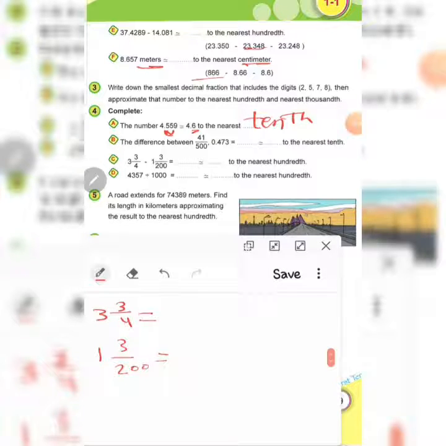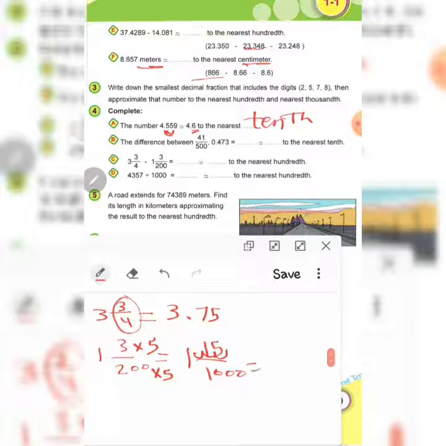Number C, 3 over 4 minus 1 3 over 200. I must change this fraction to decimal, so I remember that 3 over 4 is 75 over 100. And this must multiply by 5, so 115 over 1000. I move 1, 2, 3, it will be 1.015.